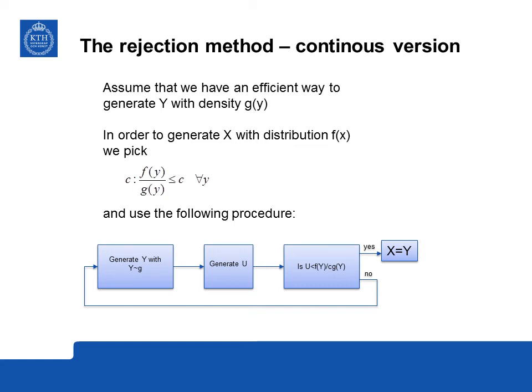And again, the number of iterations is on average c. It's a geometrically distributed variable. If the functions f and g are not very similar, then c has to be picked large, and that means that the distributions differ a lot, and then this process will take a long time. So this method works when f and g are reasonably similar.